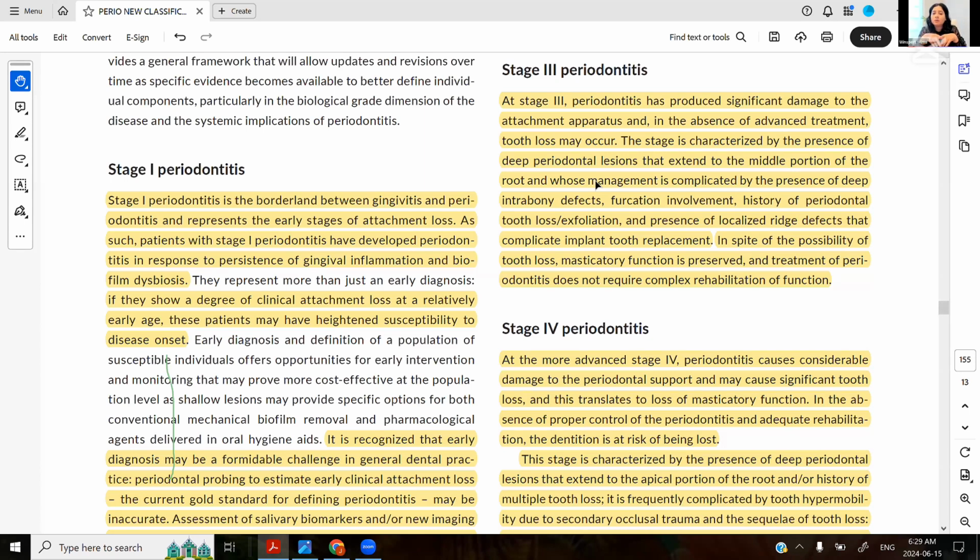Now, in spite of the possibility of tooth loss, masticatory function is still preserved in stage 3. So masticatory loss and your drift, pathological shift, right? Drifting of the teeth are 2 establishing factors for stage 4 and the number of teeth which are involved.